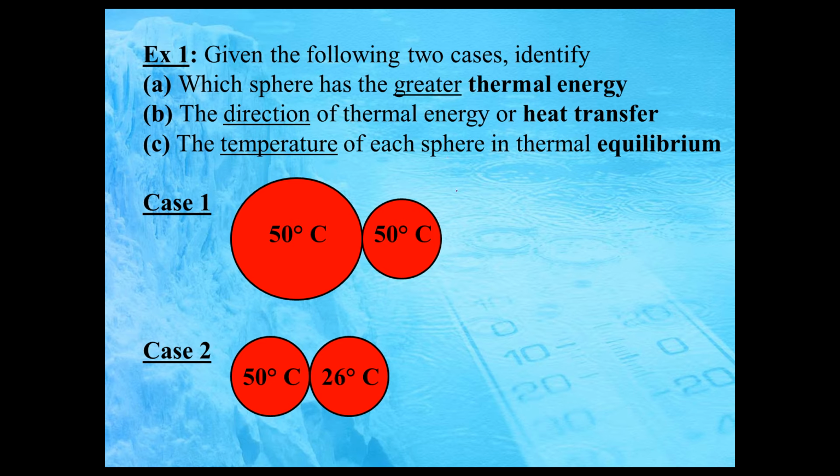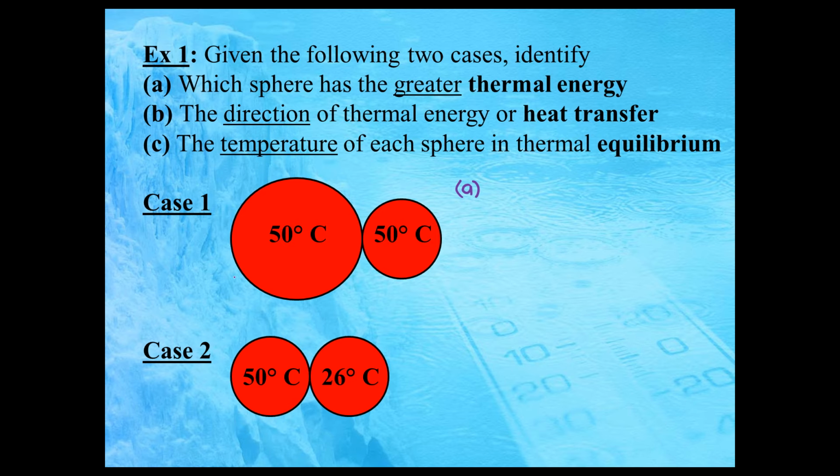Okay, so part A for case 1. It says, which sphere has the greater thermal energy? Now, thermal energy depends on 2 things. It depends on 1, the number of particles that make up the substance, and 2, the temperature of the substance.